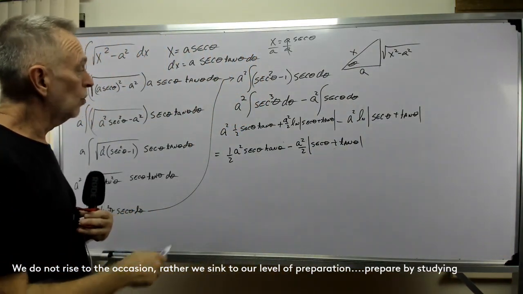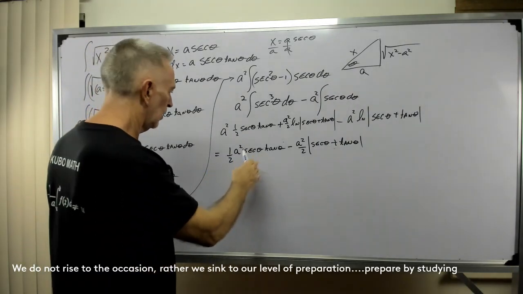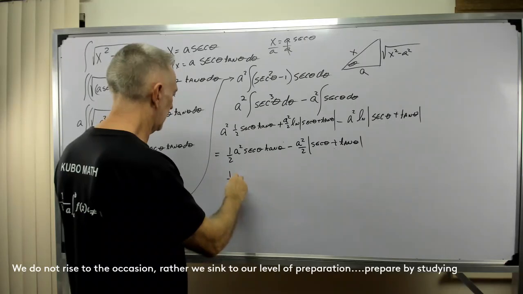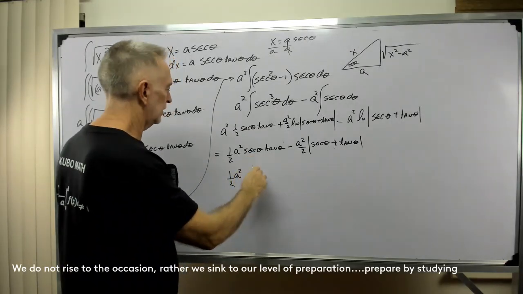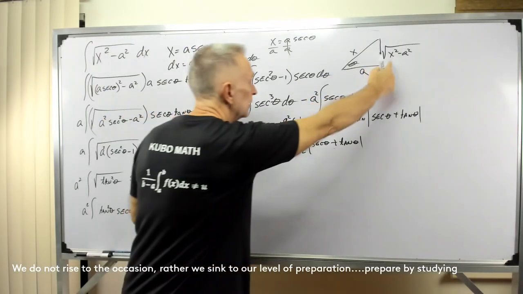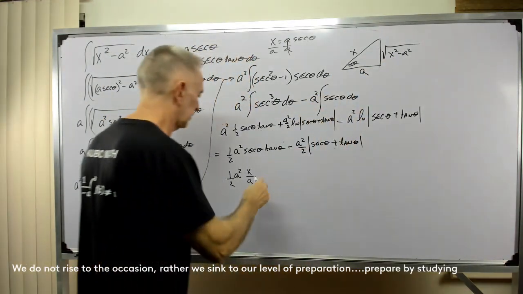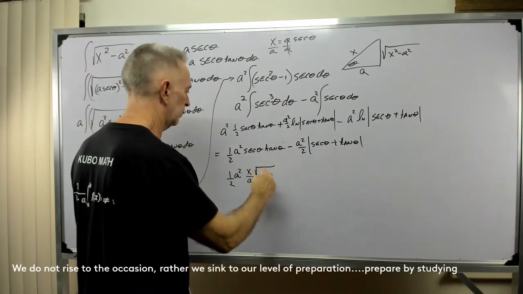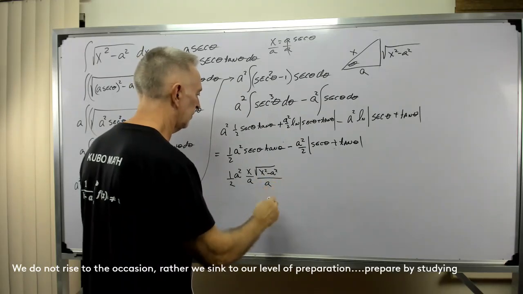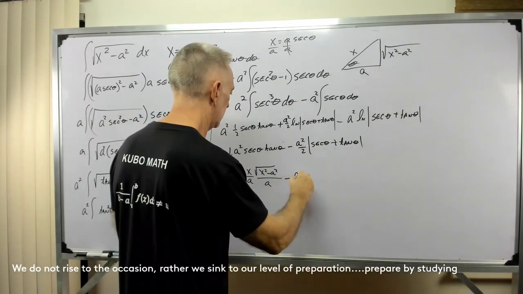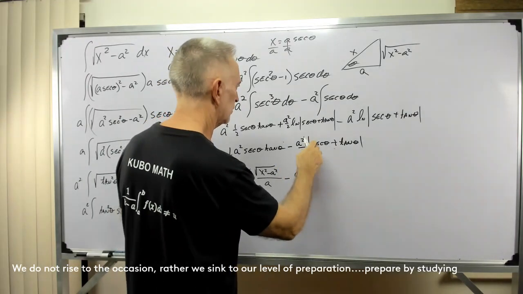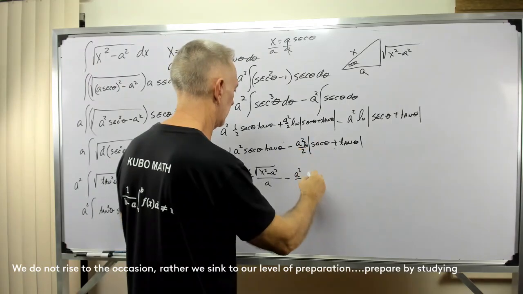All right, so let's go ahead: 1/2 a squared, secant theta, secant's x over a, tangent theta is opposite over adjacent, so that would be the square root of x squared minus a squared over a, minus a squared over 2 times the, oh, that should be a natural log here, sorry.